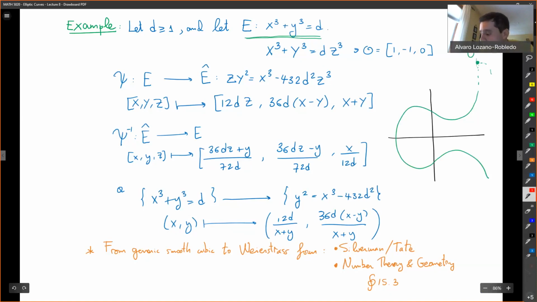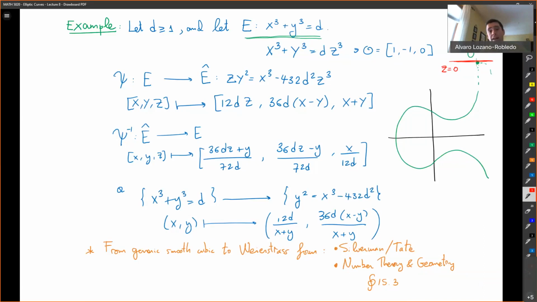So if this is the point O, it turns out that the tangent line at infinity is the line z equals 0, and it has a triple point of intersection at that point O. That is more than you ask for on a tangent line, right? On a tangent line, it has to have a double point of intersection, but it turns out it's a triple point of intersection. We call that an inflection point.